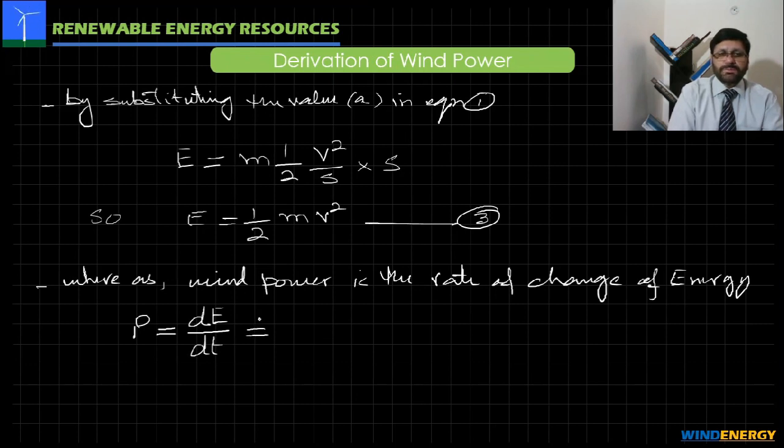So using this expression we can write this half v square dm over dt.